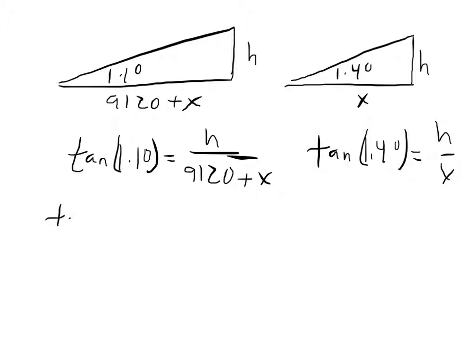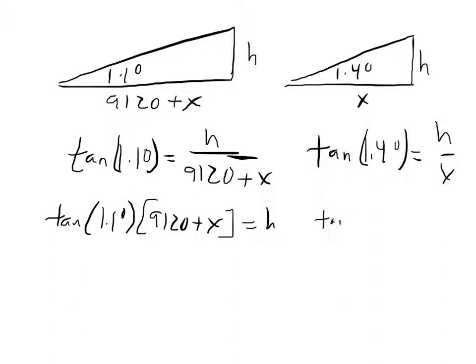If I do that, I get tangent of 1.1 times (9120 plus X) equals H. And over here I get tangent of 1.4 degrees times X equals H. Then, if two expressions are both equal to H, I can set them equal.